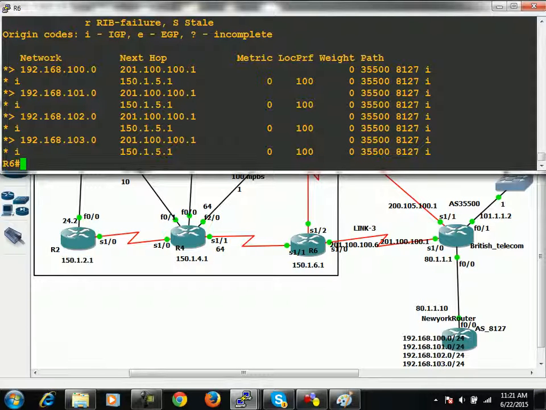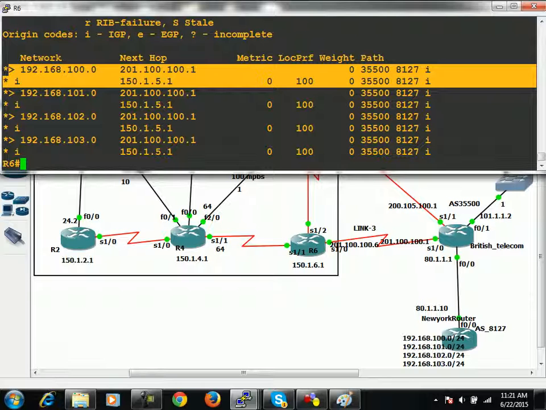See, next is weight. Tell me, will it be possible for BGP to define its best path based on weight now? Tell me. No, because it is 0, same. Next attribute is what? Local preference. No, it is not the same. Via BT it is null, whereas via the BGP neighbor R5 it is 100.